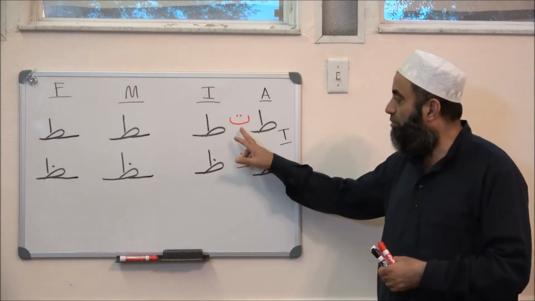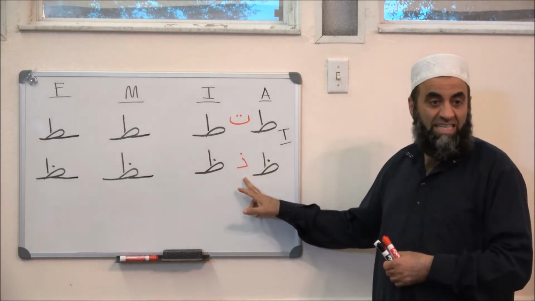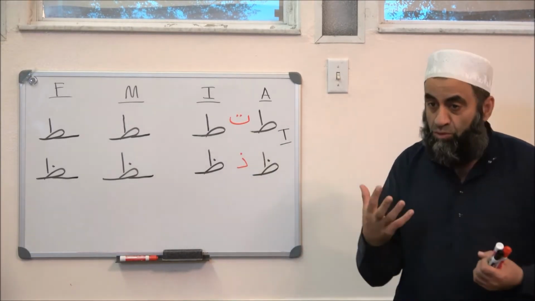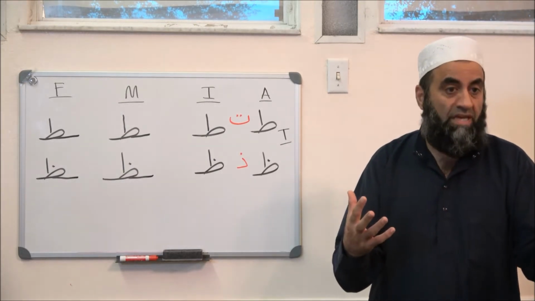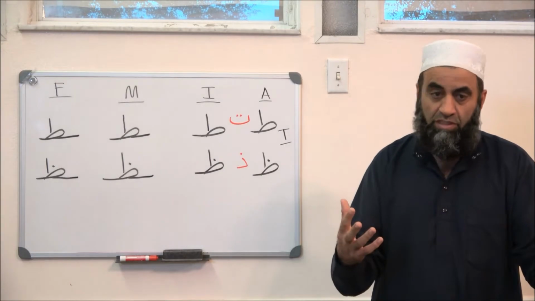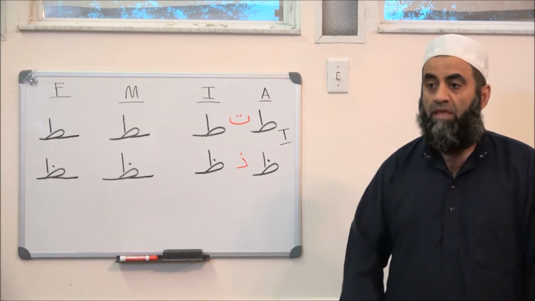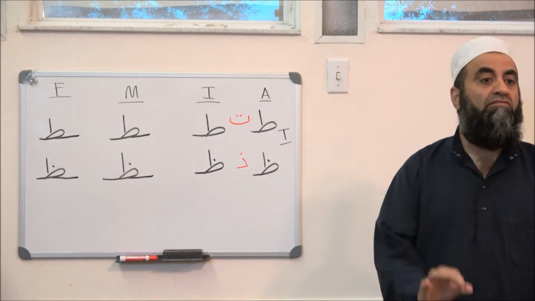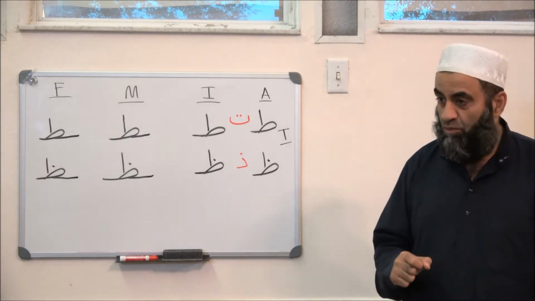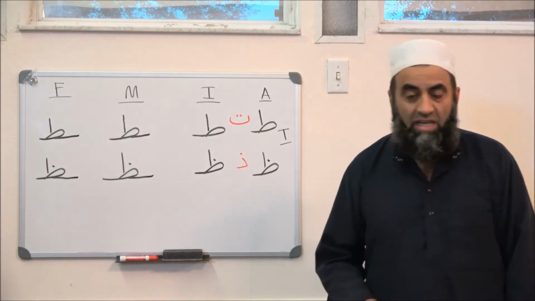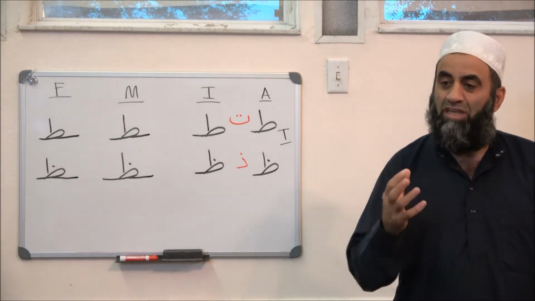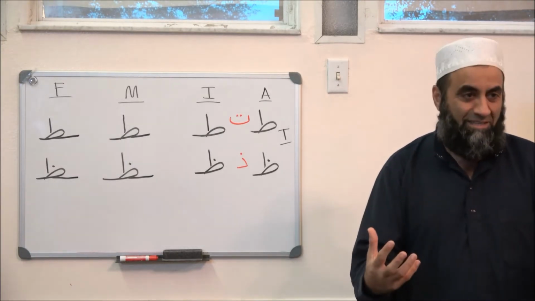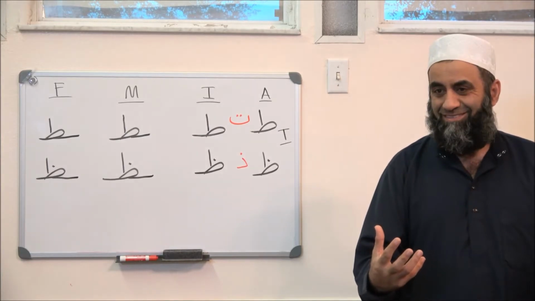Remember the letters that I put in red, these are the comparison when it comes to sounds, delicate versus big and fat. Delicate versus big, right? And remember that 70% of tajweed when it comes to the recitation of Quran is simply the art of mastering the pronunciation, especially between delicate and big.